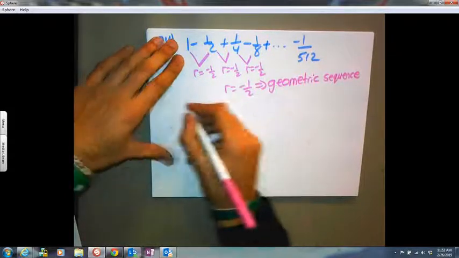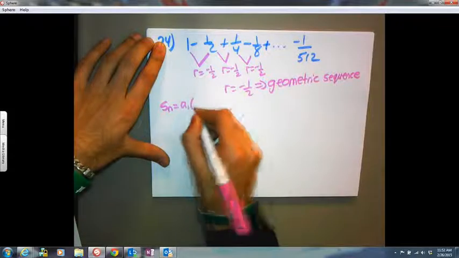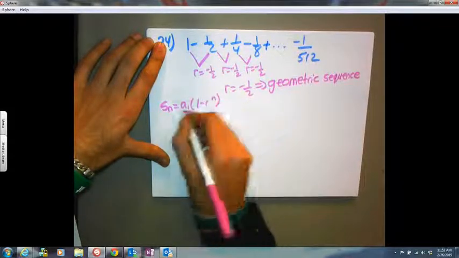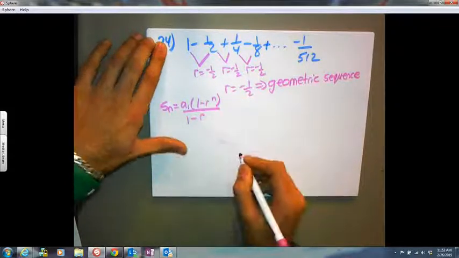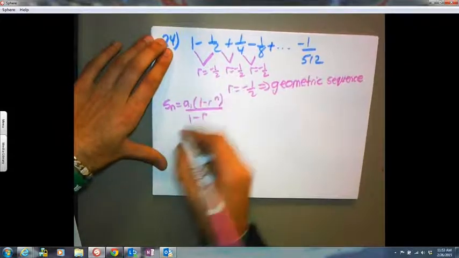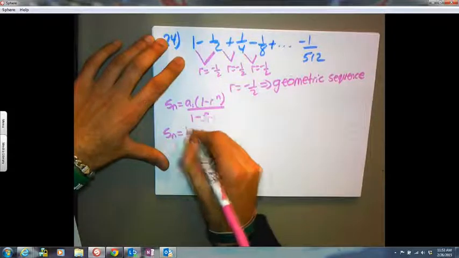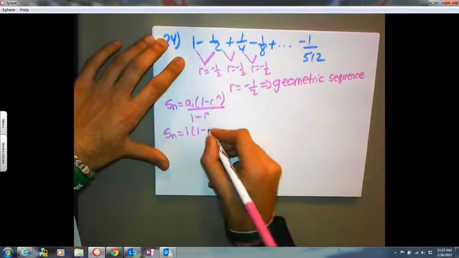which means since we want the sum, we're going to use Sn equals A1 times (1 minus R to the n) over 1 minus R. Let's plug in what we know. A1 is 1. R is -1/2.